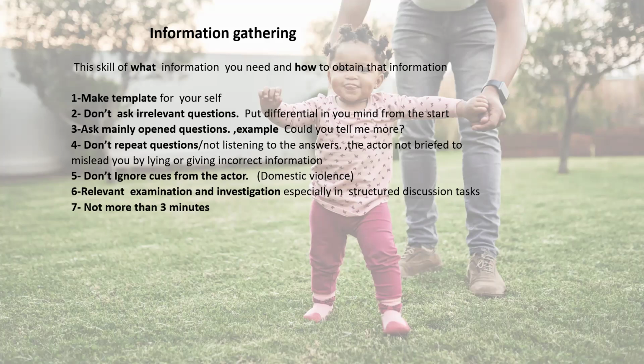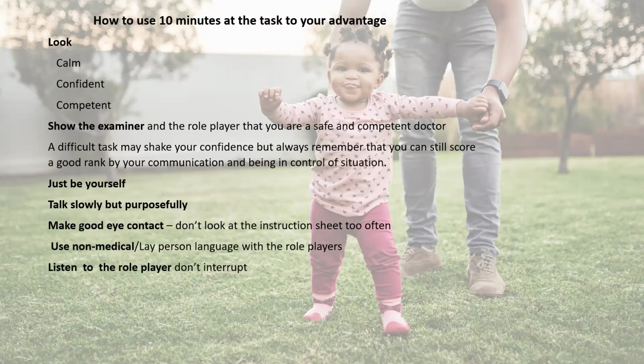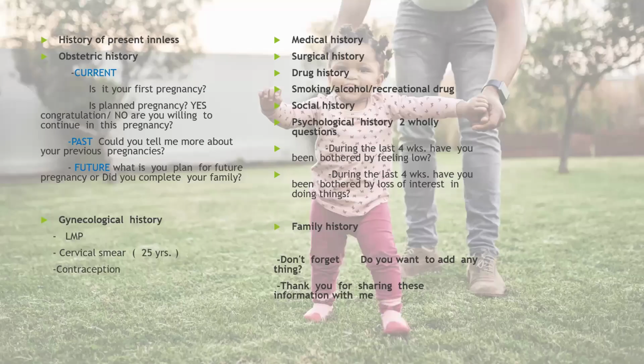Try to make a template for yourself, and keep repeating this template again and again. For example, start with the history of present illness. When the patient comes complaining of pain and bleeding, I will start by saying, could you tell me more about that?